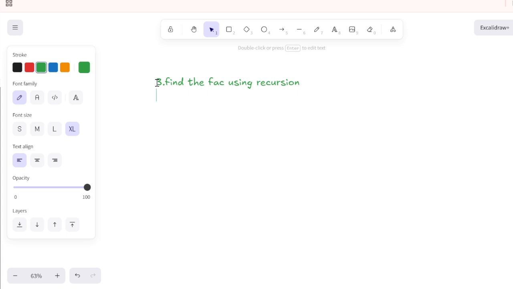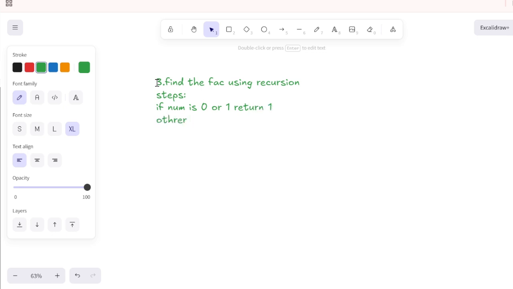Basically, recursion is nothing but a function calling itself. It's a simple definition. Coming to the steps, we have simple steps here. Once you get it, you feel recursion is easier than loops. If num is 0 or 1, then you need to return 1, right?